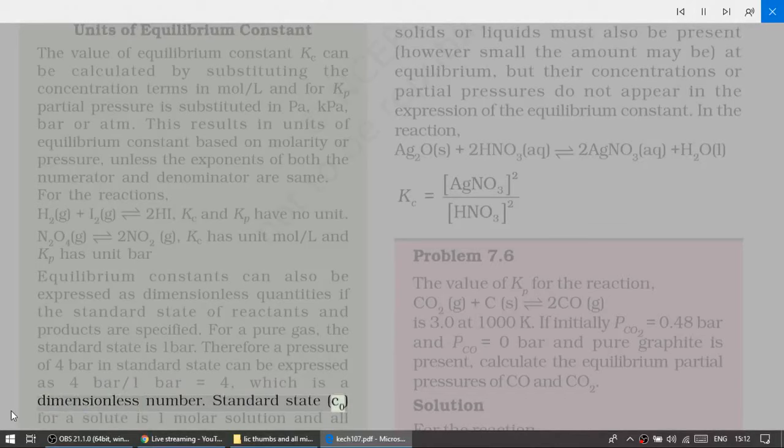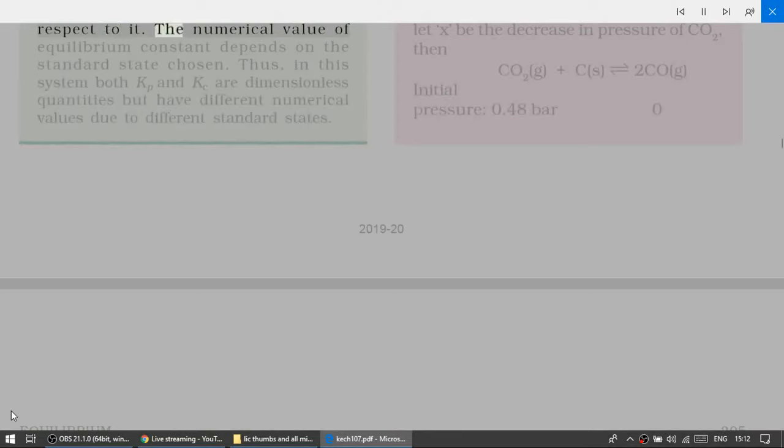The standard state C0 for a solute is 1 molar solution and all concentrations can be measured with respect to it. The numerical value of the equilibrium constant depends on the standard state chosen. Thus, in this system both Kp and Kc are dimensionless quantities but have different numerical values due to different standard states.